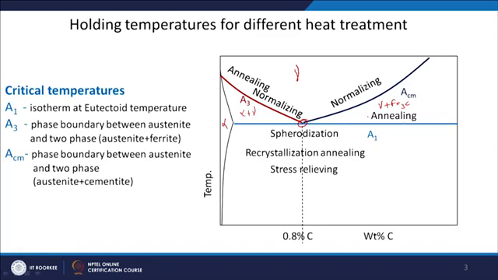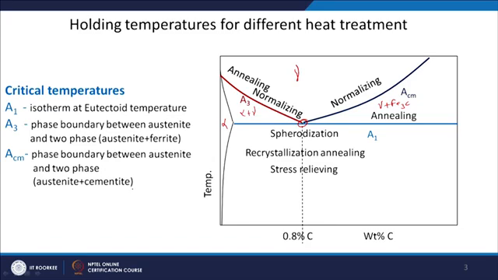As the composition of my alloy changes, this A3 temperature is going to change, that is obvious. A1 is the isotherm at the eutectoid temperature. A3 is the phase boundary between austenite and two-phase austenite plus ferrite. ACM is the phase boundary between austenite and two-phase austenite plus cementite.